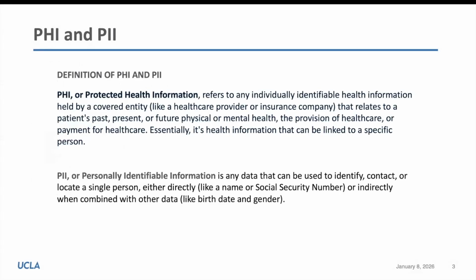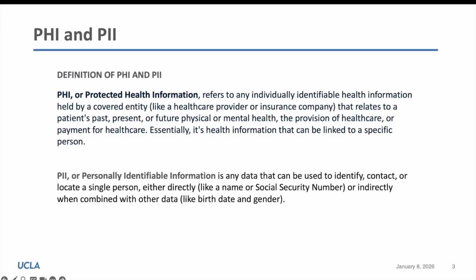So first of all, I wanted to give you definitions. I'm sure you're all familiar with these. The definition of PHI, which refers to any individually identifiable health information that's held by a covered entity, like an insurance company or a healthcare provider, and it relates to a patient's past, present, or future physical or mental health, the provision of healthcare or payment for healthcare. So it's health information that can be linked to a specific person.